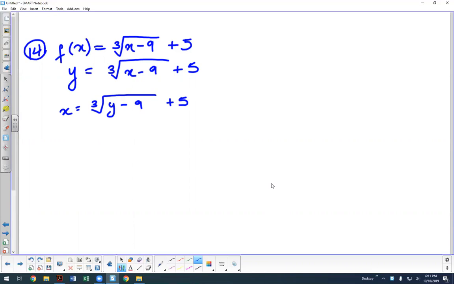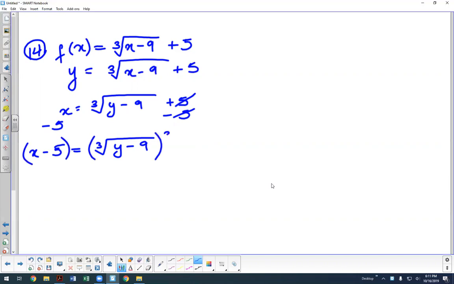So the first step should always be to isolate the radical, which means we'll move the 5 to the left-hand side. So we start by subtracting 5, and you've got x minus 5 equals cube root of y minus 9. Now, once you get to this stage, you can go ahead and get your cubed power in.